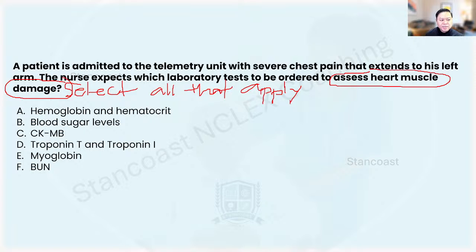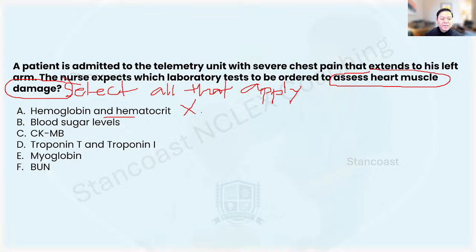So we'll see. Hemoglobin and hematocrit, of course, eliminate that right away. It doesn't have that capability in determining the damage of the heart. No, it cannot. The hemoglobin hematocrit can only give us an idea if the red blood cell is low or it's elevated or it's normal, okay?